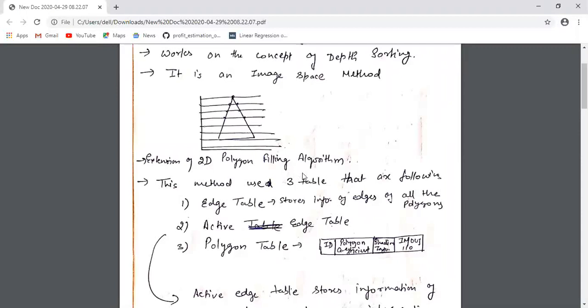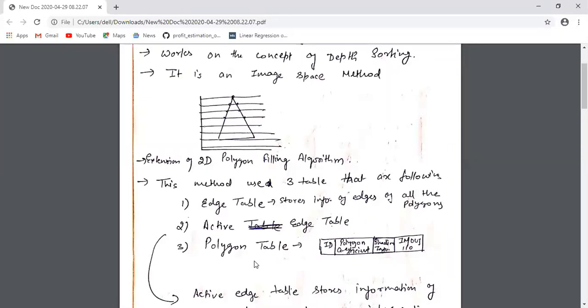Now this algorithm uses three data structures, or maintains three tables: the edge table, the active edge table, and the polygon table. With the information stored in these tables, this algorithm performs its operations and finds the solution.